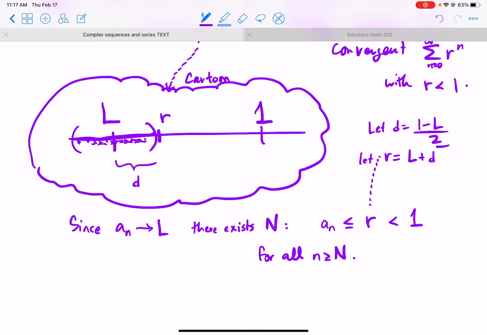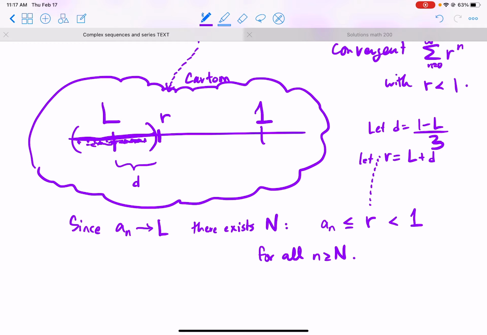Now for this little d, we know that there exists an n such that all the a sub n's are within d. In other words, they're all in here. Just to make my picture more accurate, this doesn't look like half the distance, maybe a third of the distance. It does not matter.